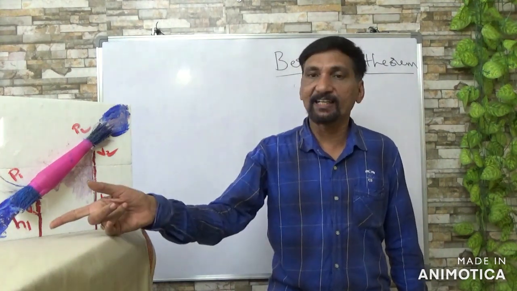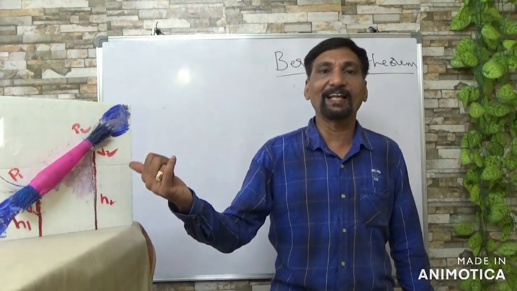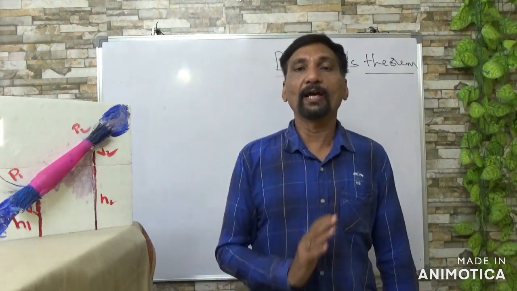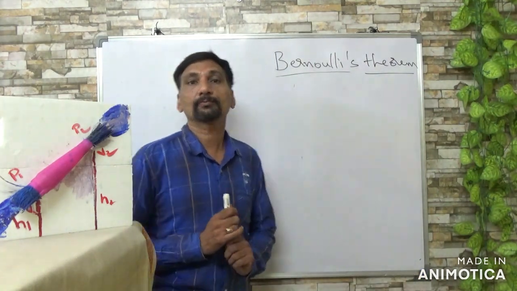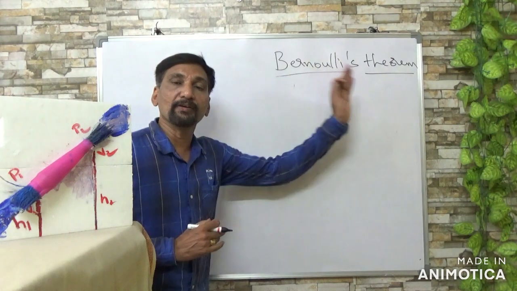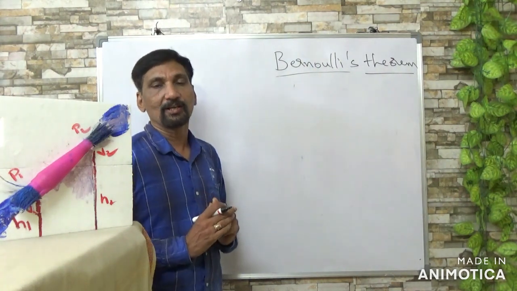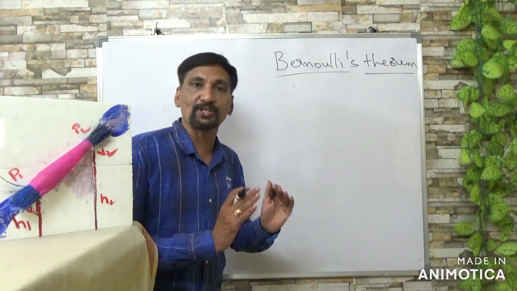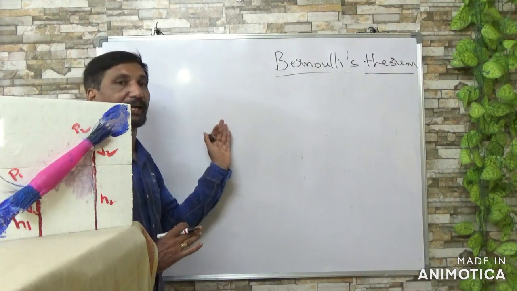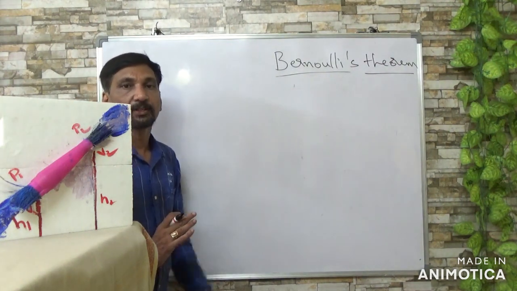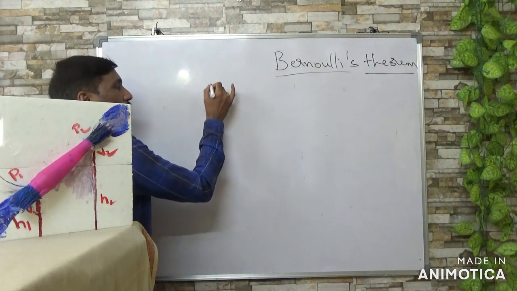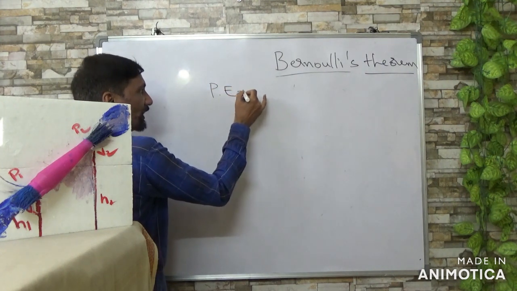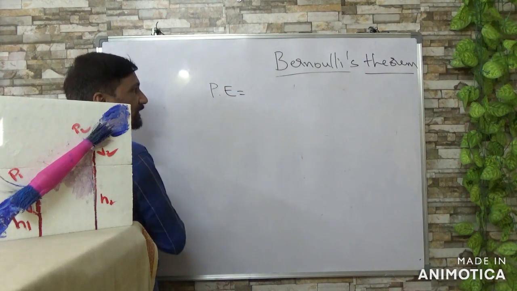Velocity at this end V1, the other end V2. Due to difference of pressure, fluid flows from one end to the other end.